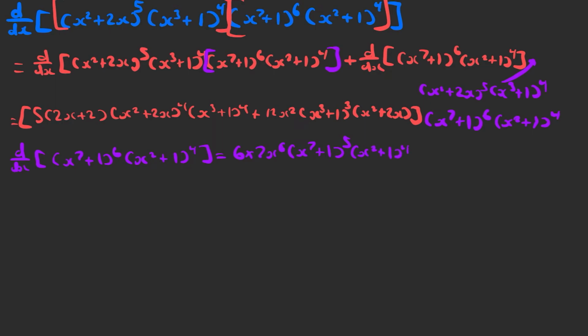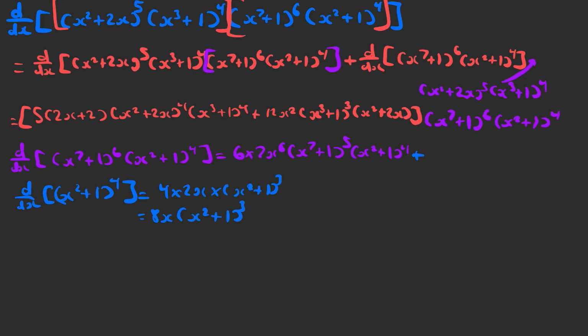Now we have to add this to the derivative of this times this. So the derivative of (x squared plus 1) to the power of 4 is equal to 4 times 2x times (x squared plus 1) to the power of 3, which is equal to 8x times (x squared plus 1) to the power of 3.